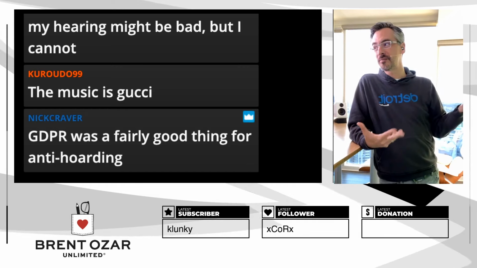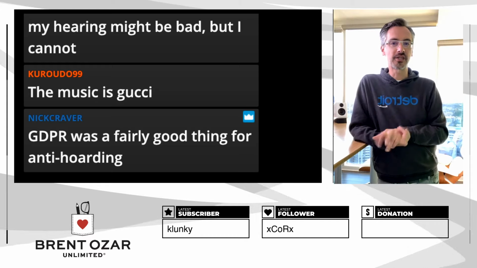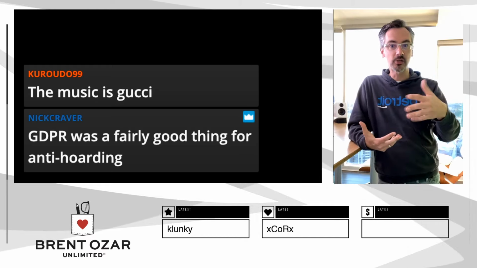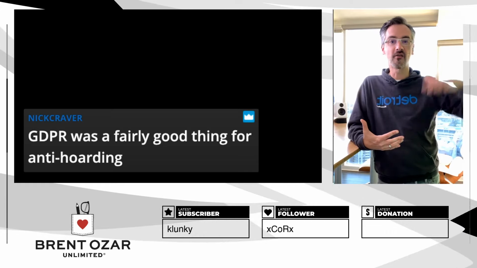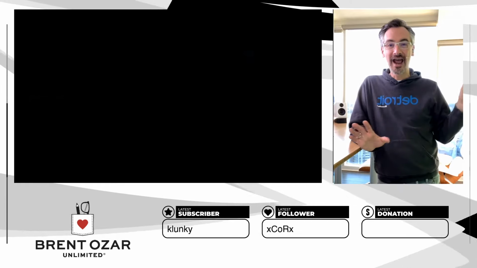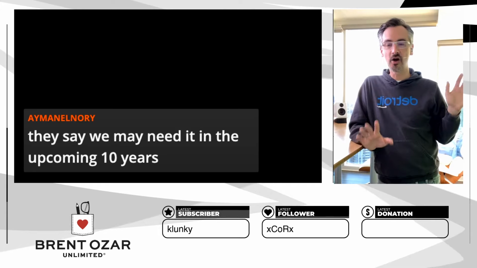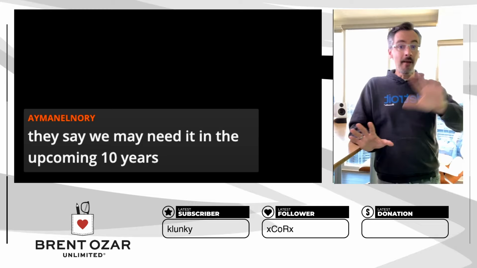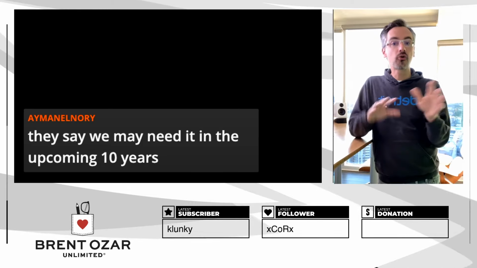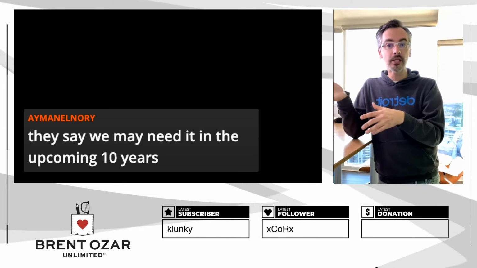Nick points out GDPR was a good thing for anti-hoarding. Yeah, as a lot of companies went through GDPR compliance projects, they started running those lists of what data are we keeping the most of and how quickly can we please set that data on fire. Eamon says we may need it in the upcoming 10 years. I'm cool with that, but what I'll often do is say, great, we're going to set up a separate database server for that.